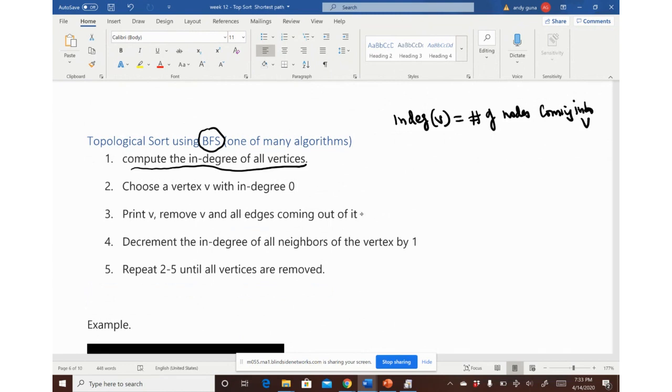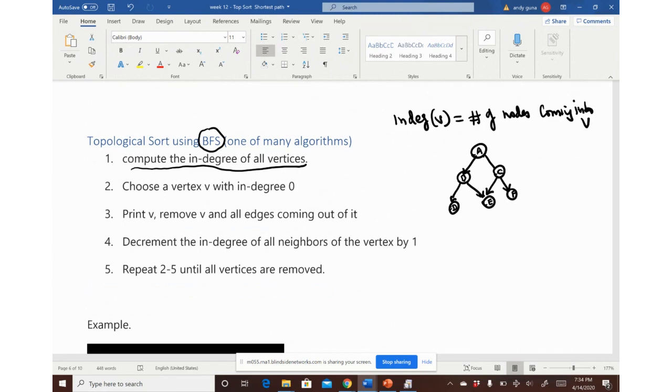Now, if you think about a graph like this, let's write the in degrees of these vertices. Let's call them A, B, C, D, E, F. Could you write the in degrees of A, B, C, D, E, F?